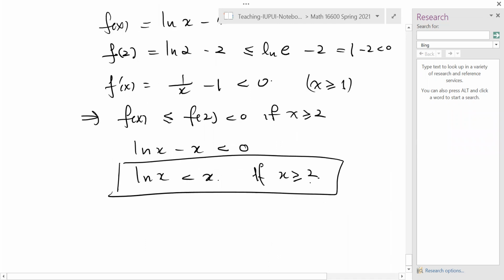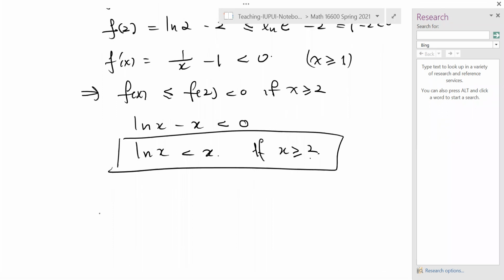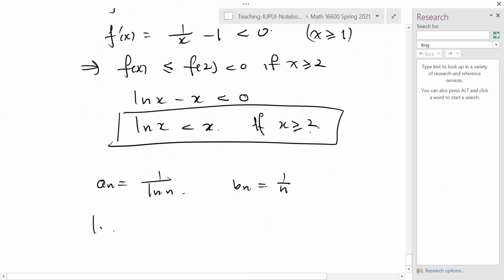Use the limit comparison test. Another way to prove it's divergent: your a_n is 1 over natural log of n, so you can choose b_n to be 1 over n, and then compare. You get n over natural log n, which should go to infinity.